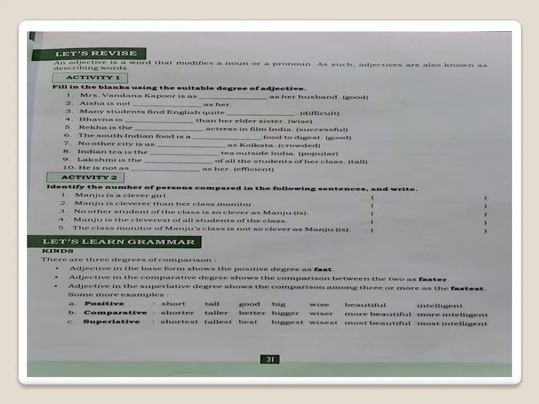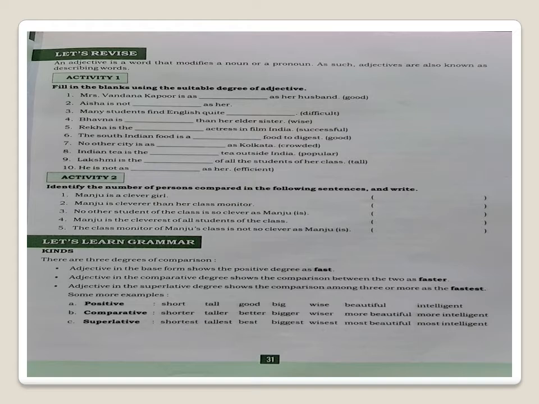So here two persons are there, Manju and her class monitor. Both are compared with the word clever. So Manju is cleverer than the class monitor. There are two persons compared over here.